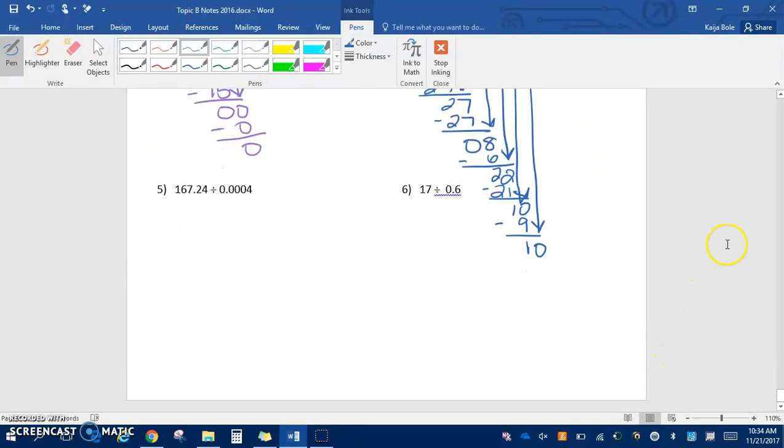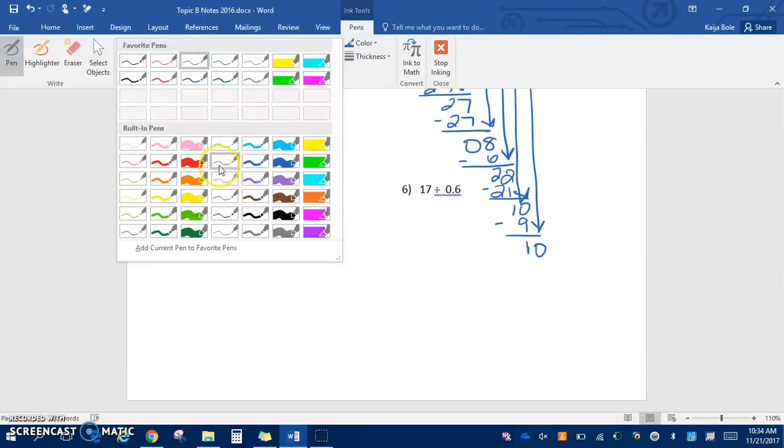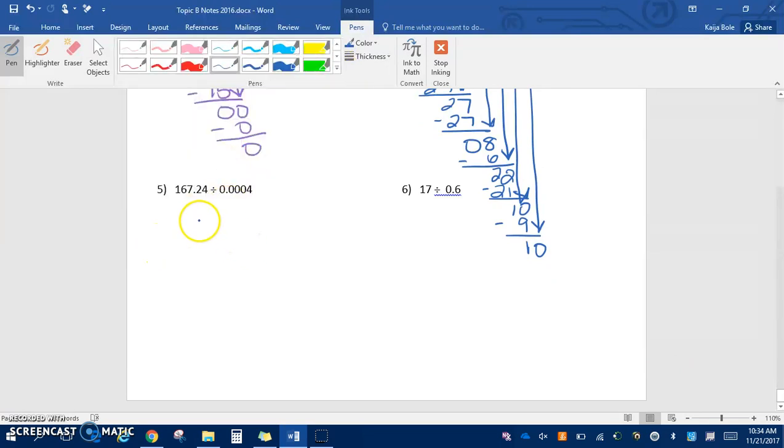Number 5, here's the last one that we're going to do all together. So if I write it down first, my normal setup, I'm going to need more room. I need myself enough room here. There we go.